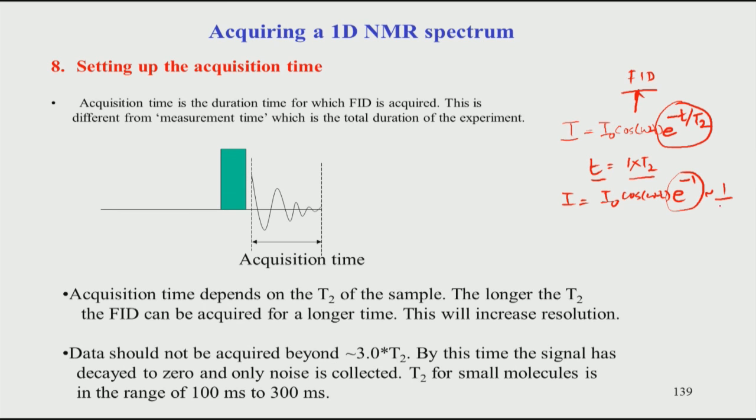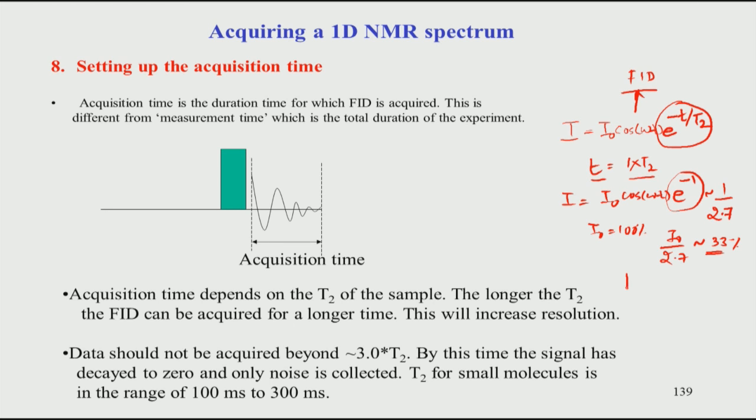So, it has reduced to about 33%. If you consider I0 as 100%, now I0 by 2.7 is roughly 33%. So, the signal has decayed to 33% in 1 times T2.